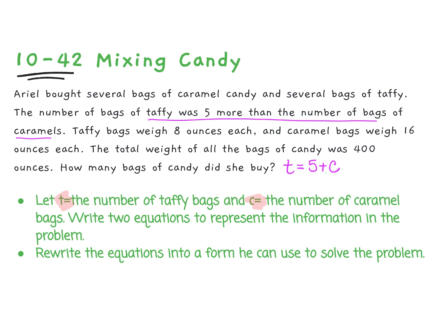And then our second equation is going to be this idea of how each one weighs a certain amount and then the total of the weight. So we're going to have an equation that's not going to be equal to T. So we're going to have 8T for 8 ounces of taffy plus 16C for 16 ounces of caramel. And then that's equal to 400, which is the total number of ounces for each one of the types of candy.